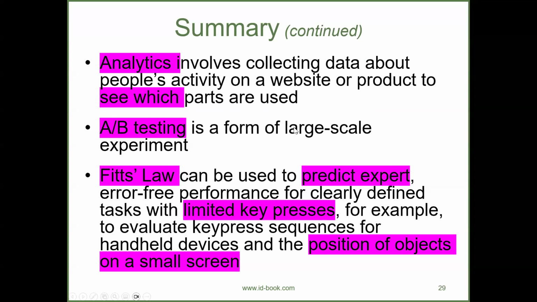A/B testing is a form of large-scale experiment which involves version A and version B of the same product with a minor change inside it. The feedback is gathered for both versions, and the version with better feedback is the one that is used.